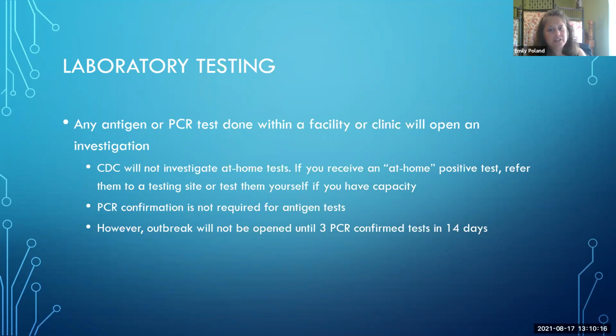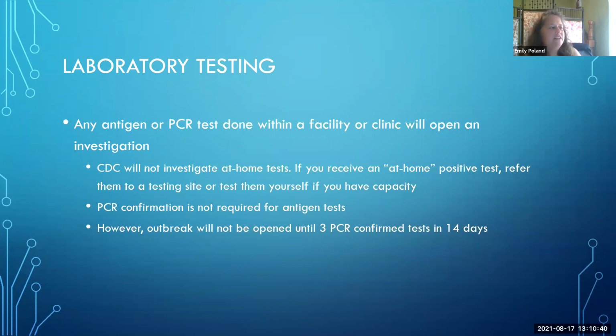So there are different options for laboratory testing. The antigen or a PCR test will open a case investigation with Maine CDC, so they will identify them as a case. Antigen tests are still called probable cases, but they are still investigated, and you will still do contact tracing with those antigen tests and with the PCR tests.